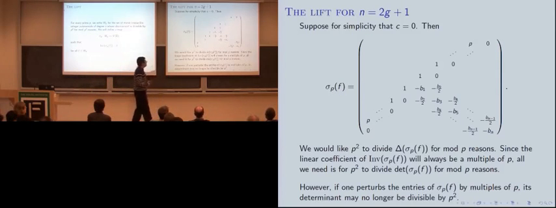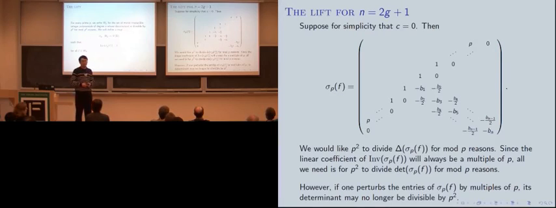The discriminant, remember, was defined as the discriminant of the invariant polynomial. And the invariant polynomial had p dividing the linear term and p squared dividing the constant term. So the question is, if you perturb the entries of this matrix by multiples of p, will p still divide the linear term? Will p squared still divide the constant term?